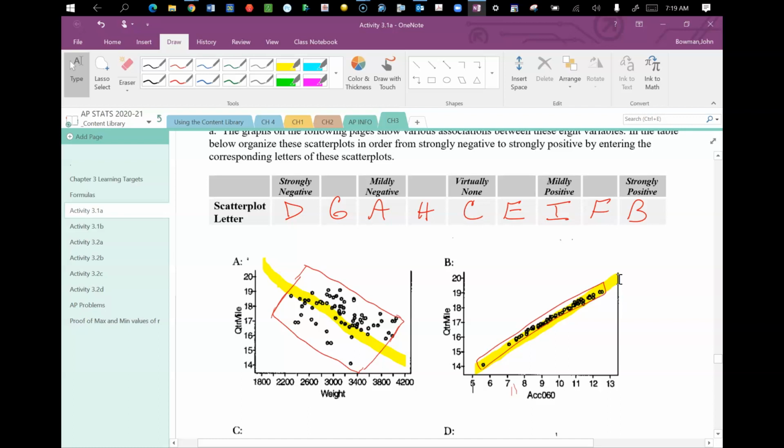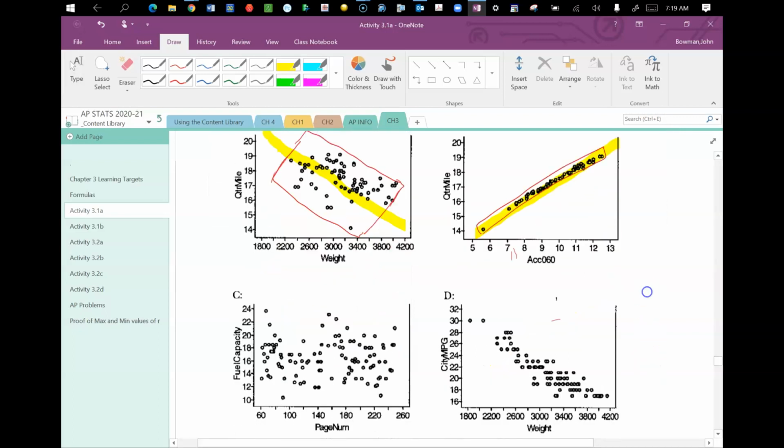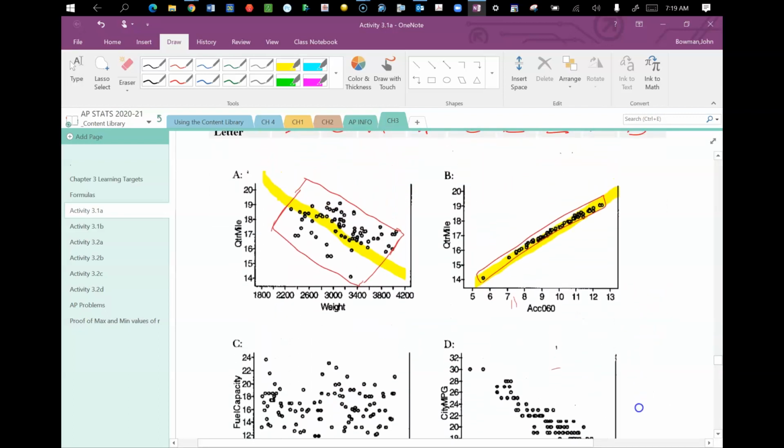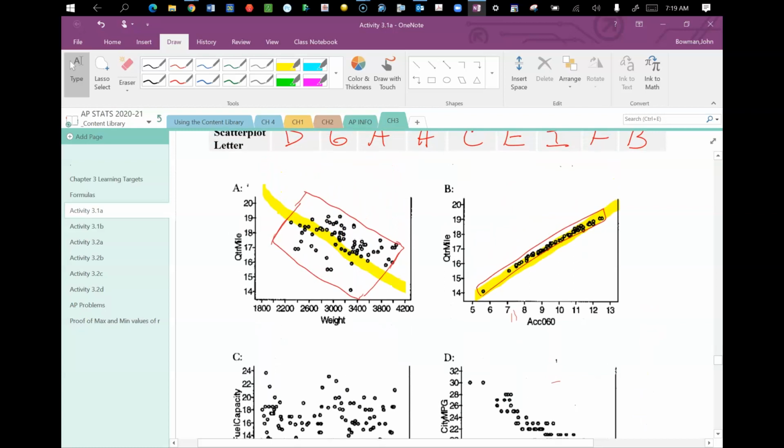As far as the strength is concerned, take a look at the ratio of what I'm going to call the length along the longer axis compared to the width perpendicular to the longer axis. And the larger that ratio is, the stronger that association is. So that is one way to help you determine the strength and the direction of the association.